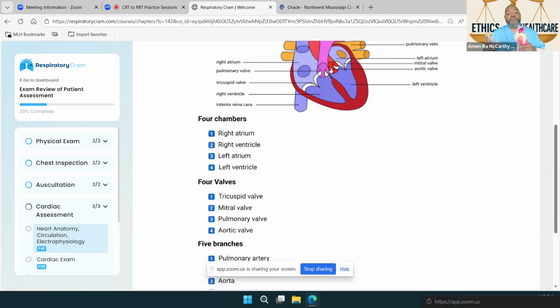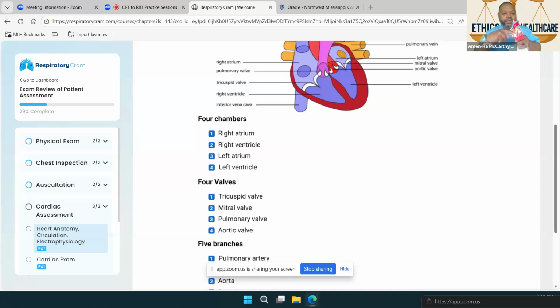So the blood returns to the heart from the body via the inferior and the superior vena cava, right? Inferior and superior vena cava, they dump into the right atrium, right?